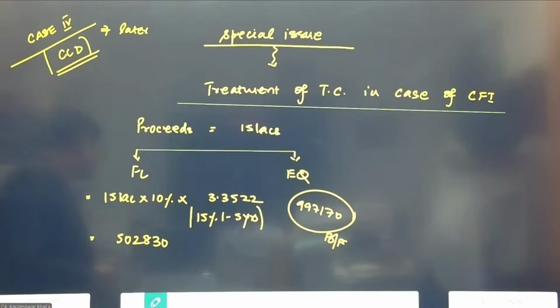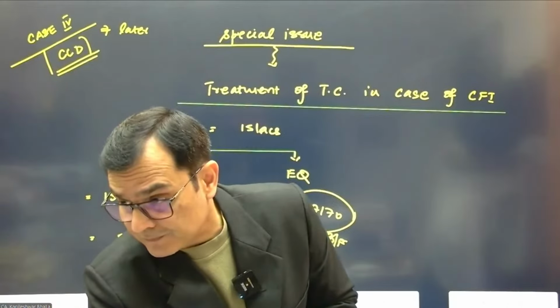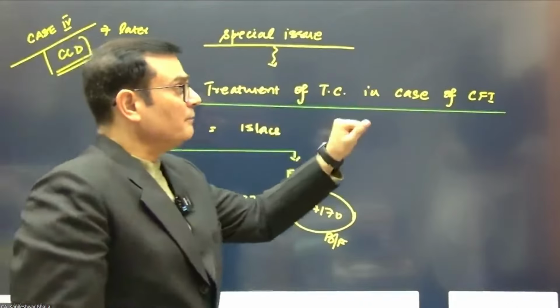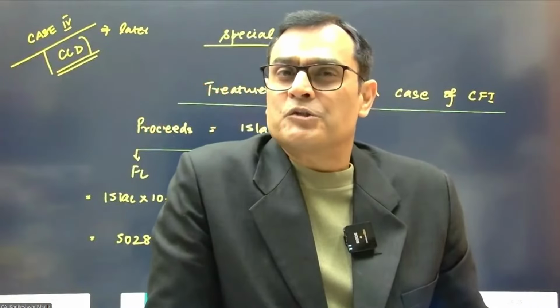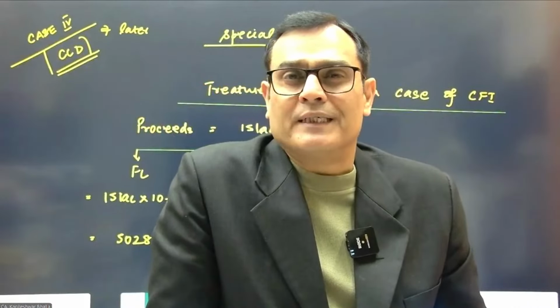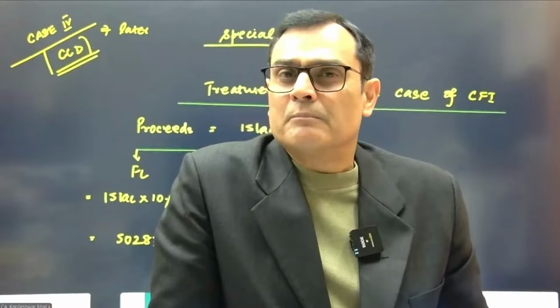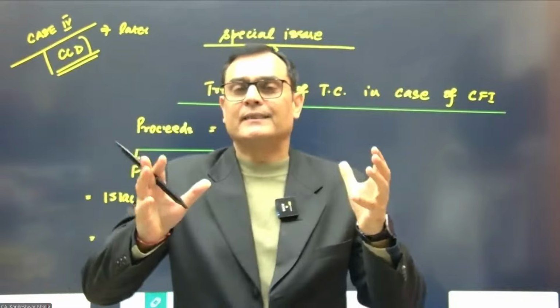Now, the logical input, what we need to consider in this particular case. The company incurred a transaction cost. Was this transaction cost incurred in raising this entire 15 lakhs? Yes. That means the money is spent in terms of raising both the liability and the equity.